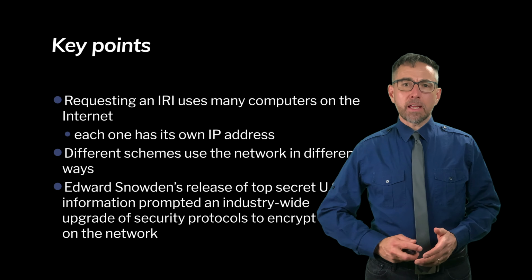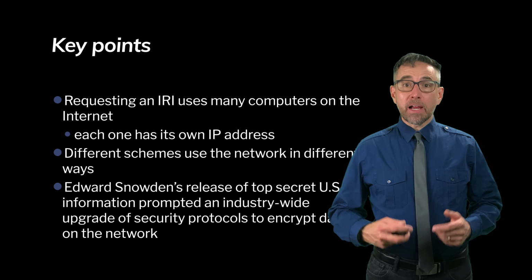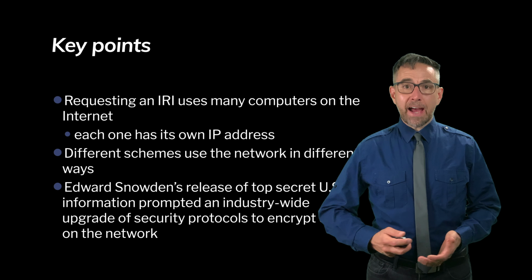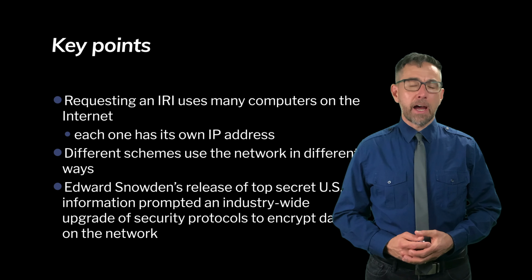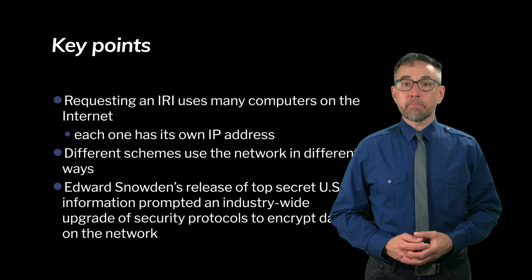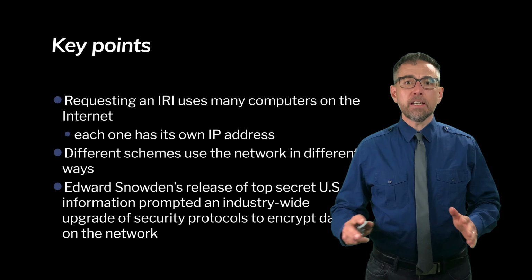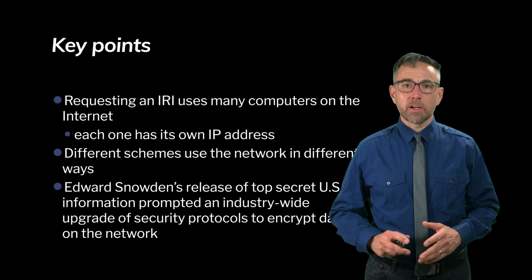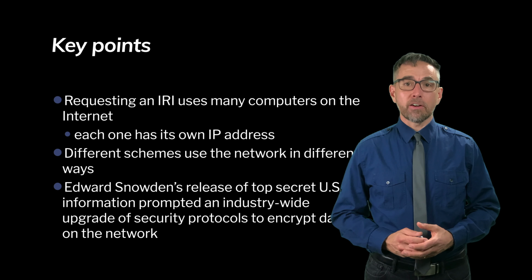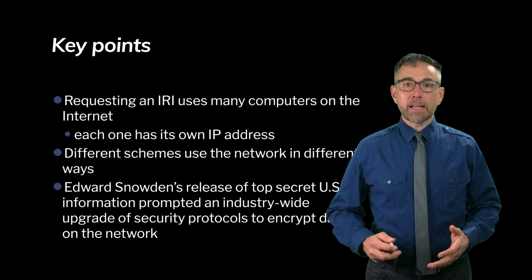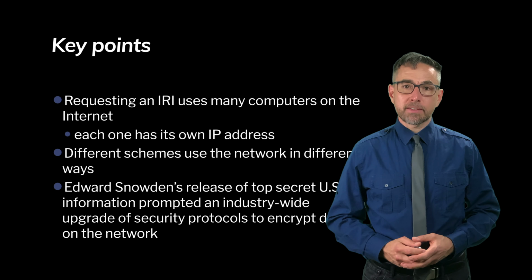Whenever you request a resource on the internet by using a URL or the internationalized version of a URL called an IRI, you're going to need to use many computers on the internet, kind of hidden from the requester, but that are all collaborating together in order to deliver content to you. Each one of those collaborating computers has its own IP address.